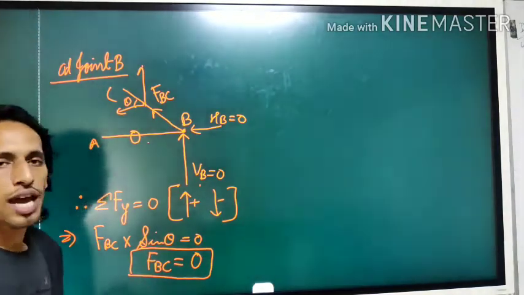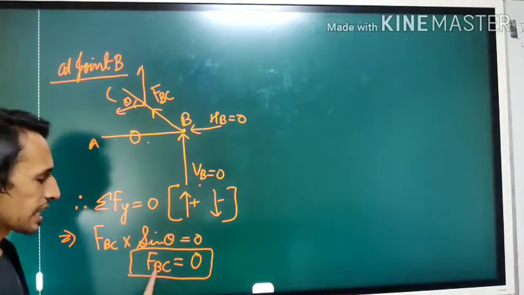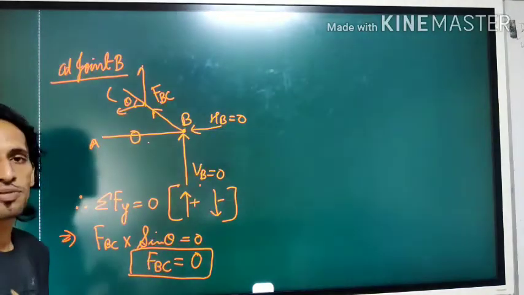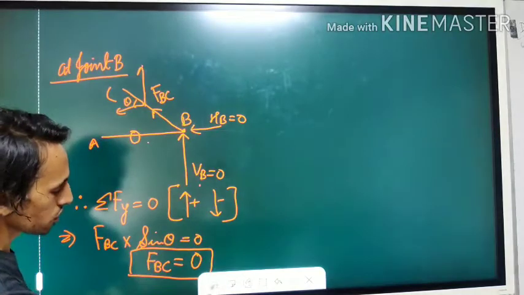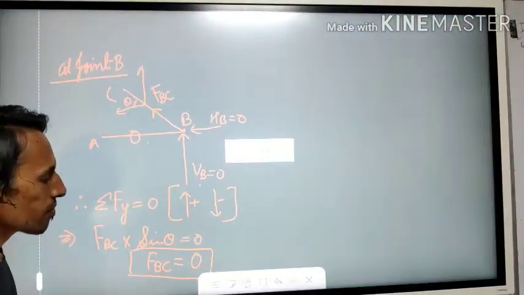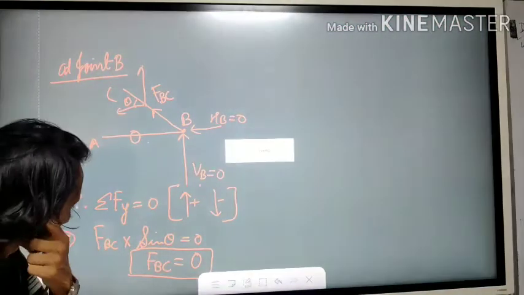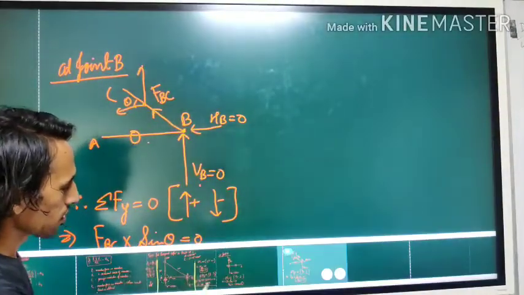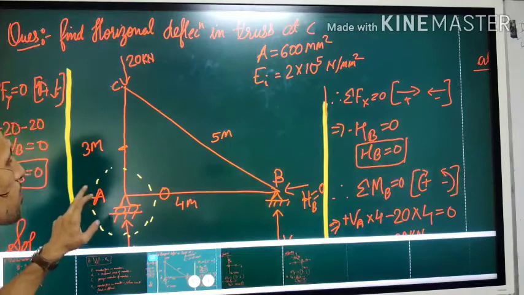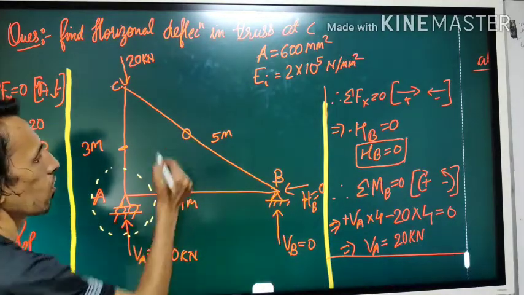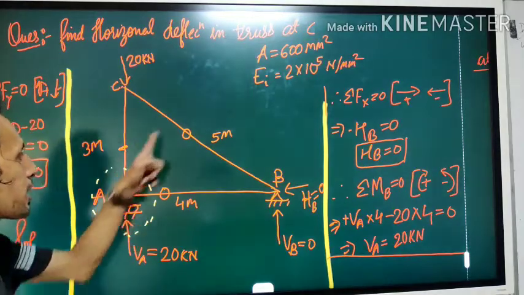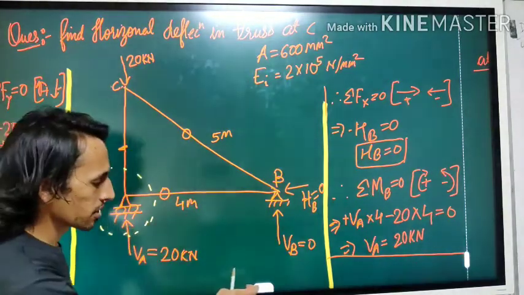So now you have calculated that FBC is also coming out to be 0. This will reduce my calculation. From here this member was also 0, so I have calculated force in all the three members.